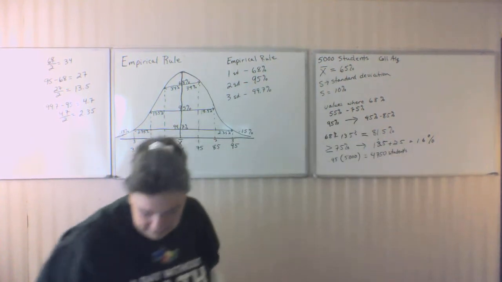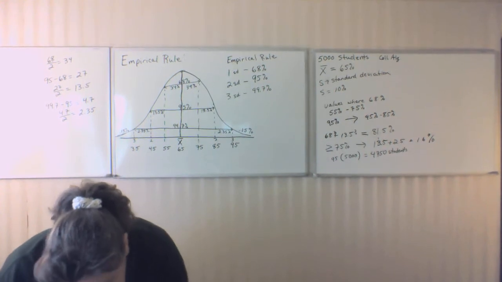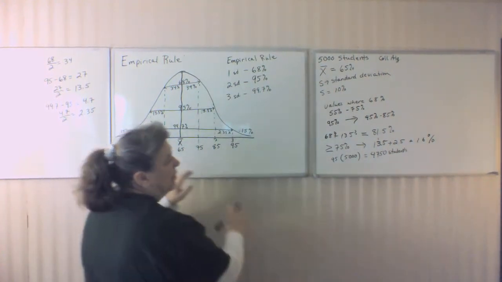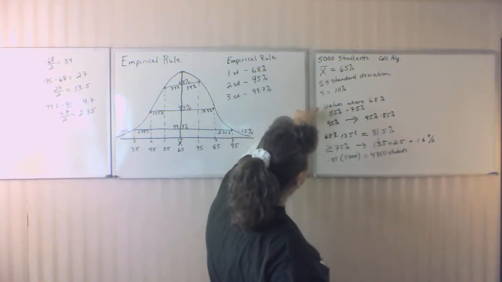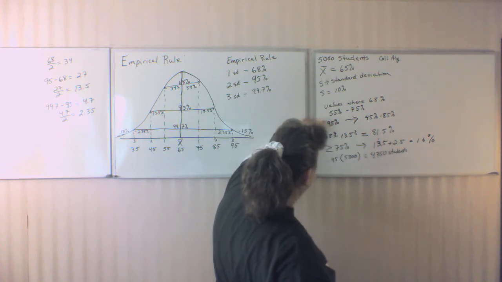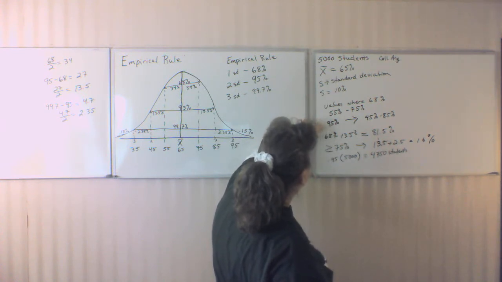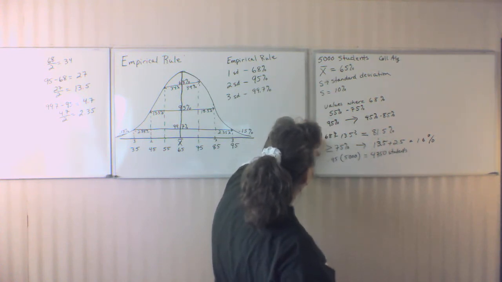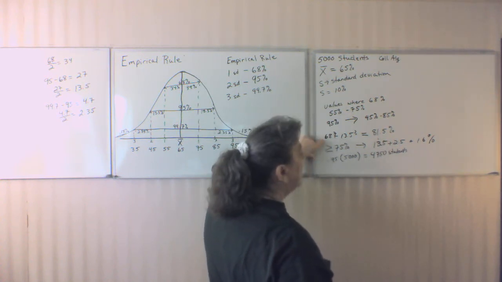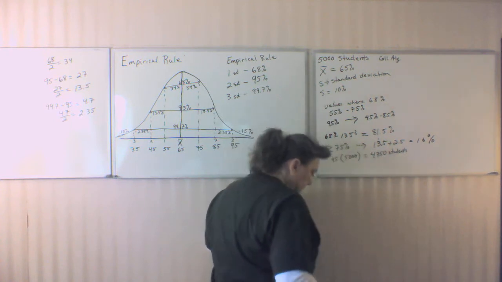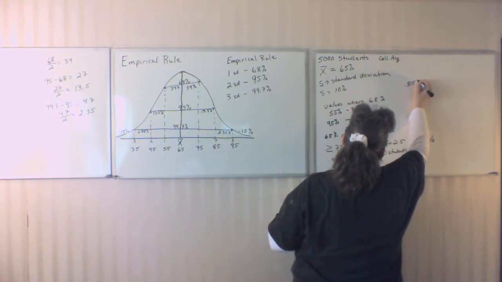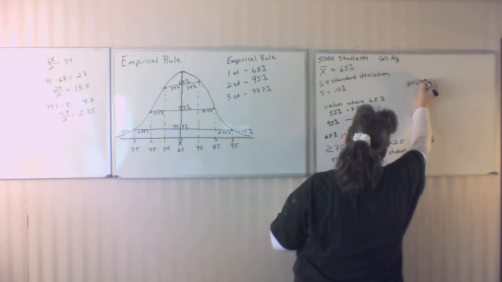Okay? Then it says, how many students got between 45 and 75? Well, didn't I do 45 to 75? Yeah, right here. 45 to 75 had 81.5%, so that one's going to be 0.815 times 5,000.